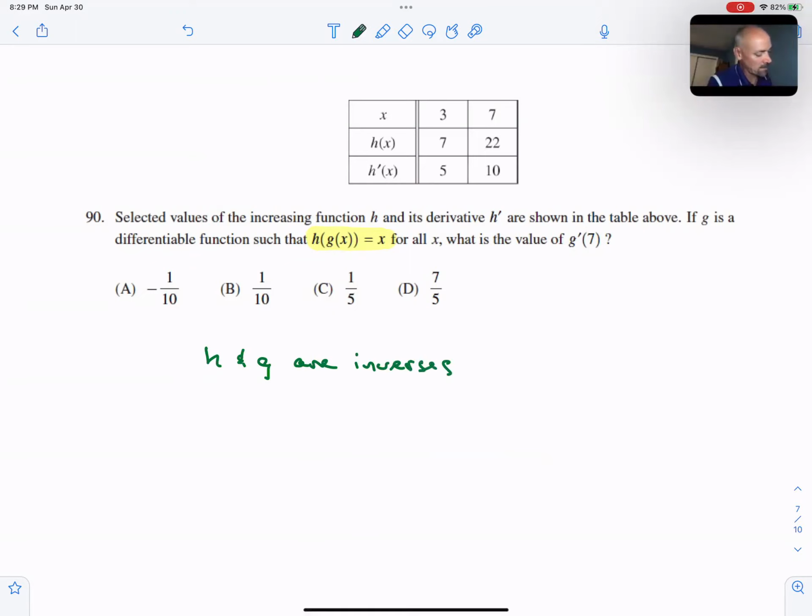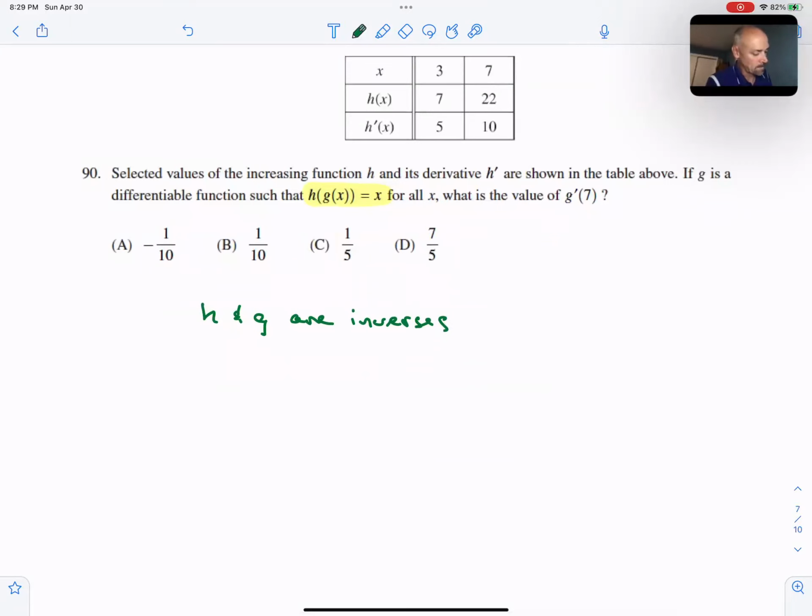of each other. Sometimes in a problem like this, they'll come right out and tell you. Sometimes they'll say h and h negative 1, or they'll say that g is equal to the inverse of h. So either way, this is a little bit more subtle way of telling us that h and g are inverses of each other.